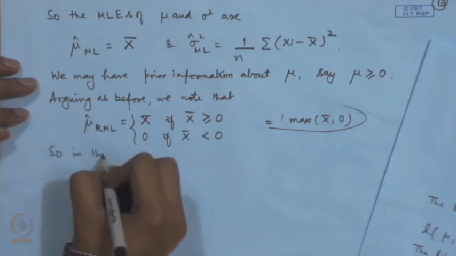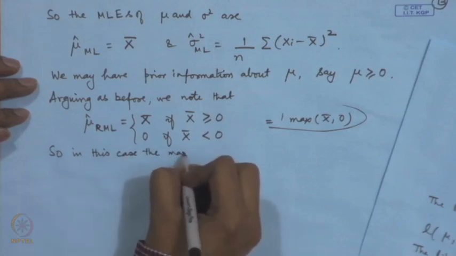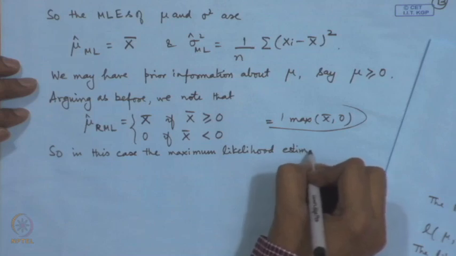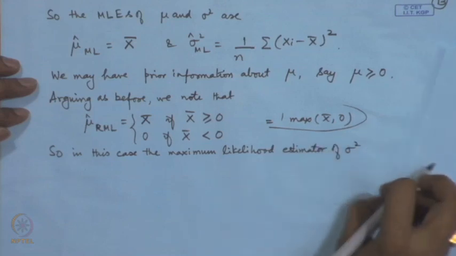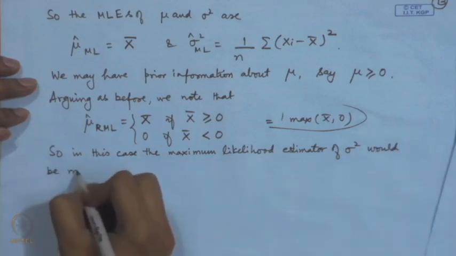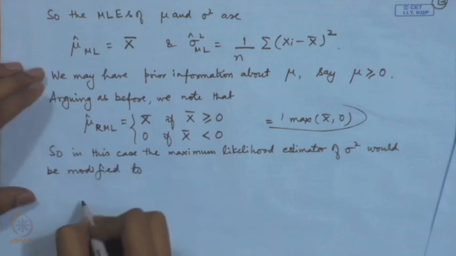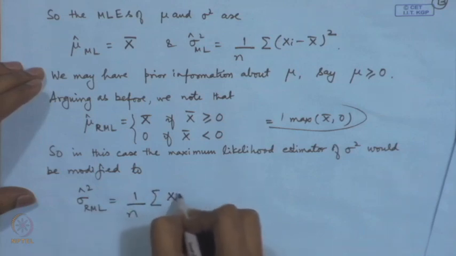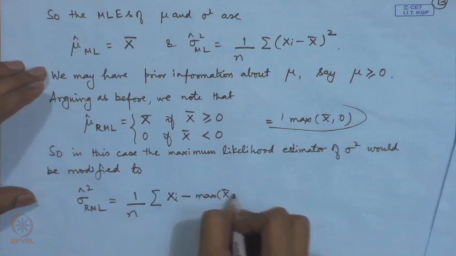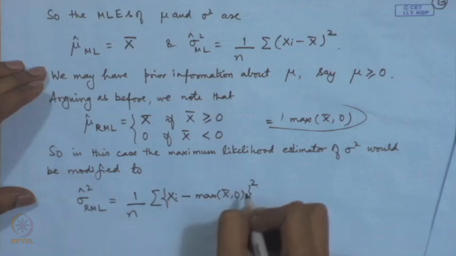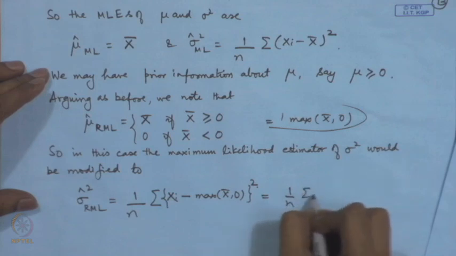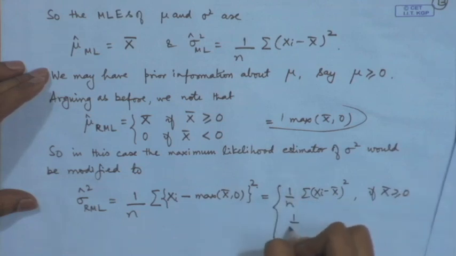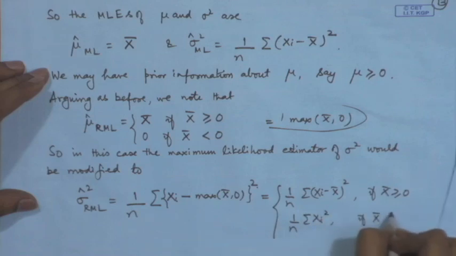So, in this case the maximum likelihood estimator of sigma square would be modified to sigma hat square ML is equal to 1 by n sigma (x_i minus maximum of x bar and 0), which we can write as 1 by n sigma (x_i minus x bar) whole square if x bar is greater than or equal to 0, and it will become 1 by n sigma x_i square if x bar is less than 0.